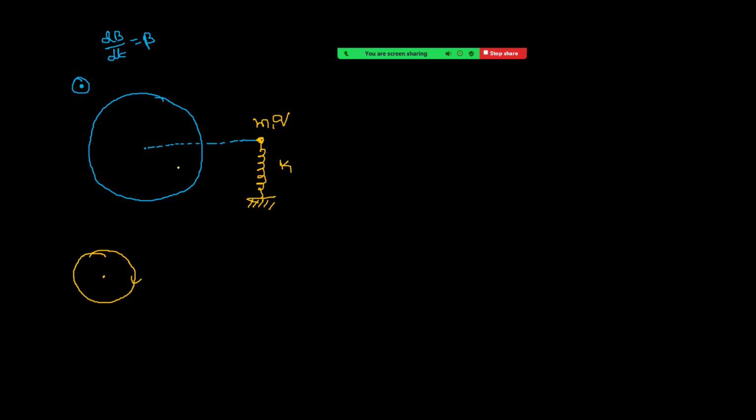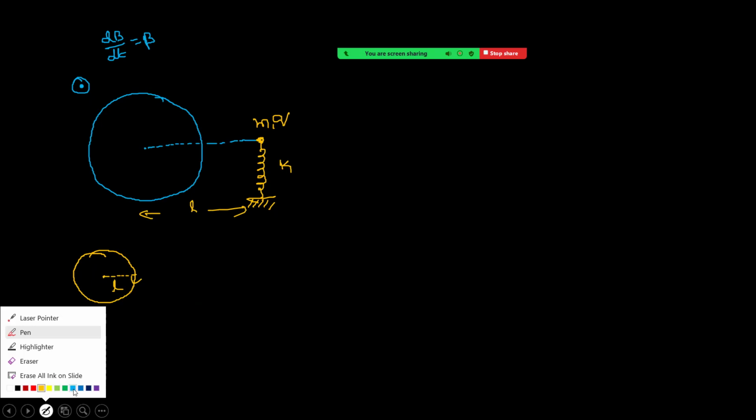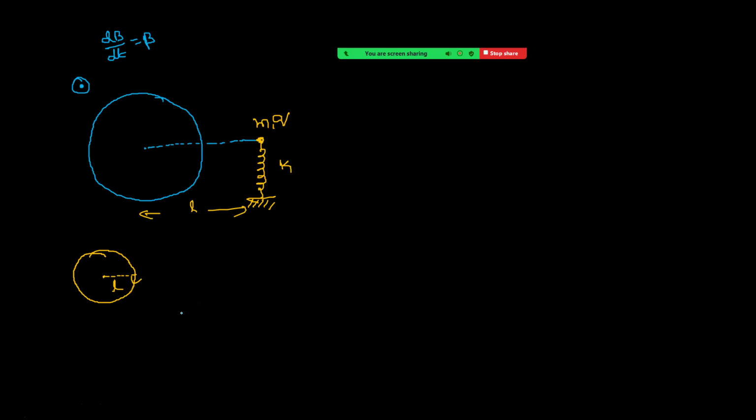Then see what we can do. If you draw one concentric circle whose radius is equal to L. If I take this as a concentric circle, that electric field line, and this length equal to L. Then see carefully at the location of the charge, the direction of the field.